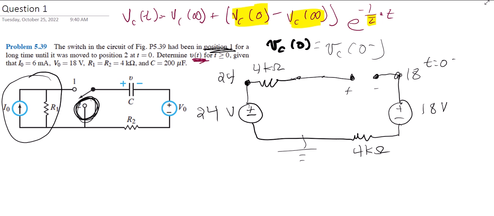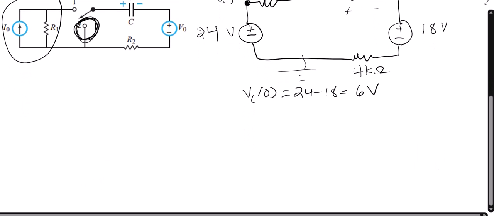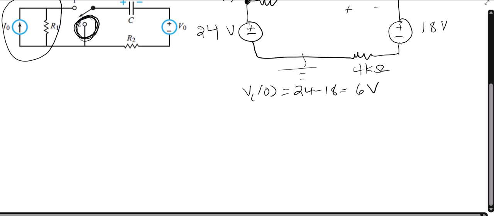So the plus side of our capacitor is 24, the minus side is 18, and so Vc of 0, you always do the plus minus the minus, is 24 minus 18, which is 6 volts. So that's Vc of 0.